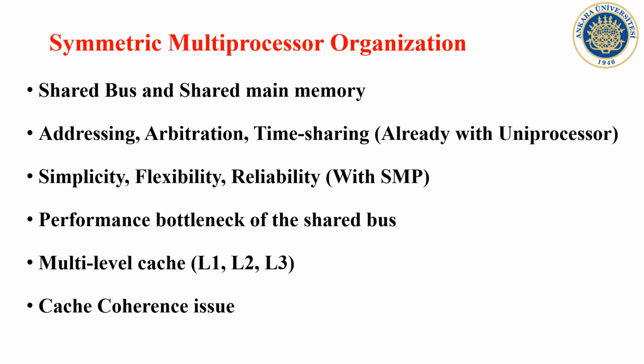In a symmetric multiprocessor system, it additionally provides simplicity, flexibility, and reliability. The weak point of this organization is performance, since the data transfer rate depends on clock speed. To overcome this problem, a three-level cache hierarchy is used. However, this introduces the cache coherence problem.